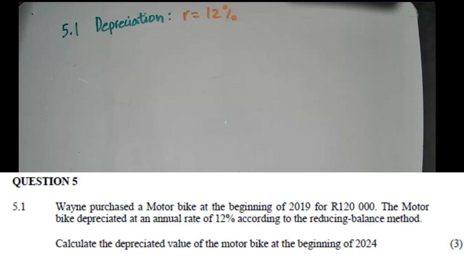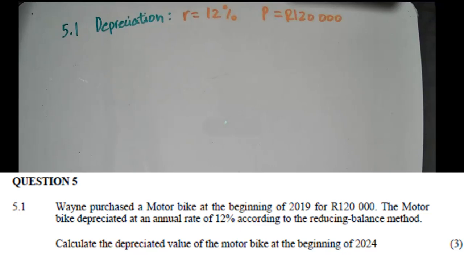Now, depreciation formula, what does it mean to depreciate? You buy a car for 200,000, after so many years the car's going to be worth nothing. So depreciation means it is losing value. So that means it's the compound interest formula, but not with a plus sign, but with a negative sign, because it is losing value. Given in this question, they tell us that the principal amount is 120,000.